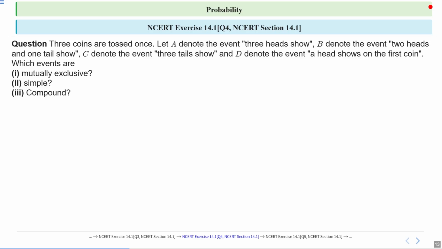Now which events are mutually exclusive? Which events are simple events? And which events are compound events? We have to check this. Students, first of all try it yourself and answer in the chat section. You have 40 seconds to try to solve this question and then we will provide the solution.